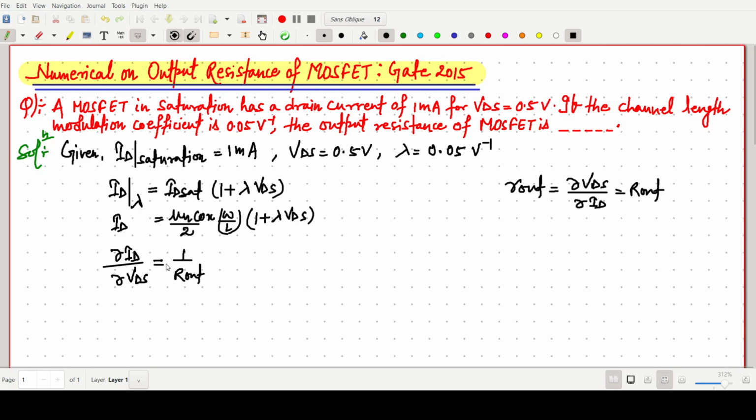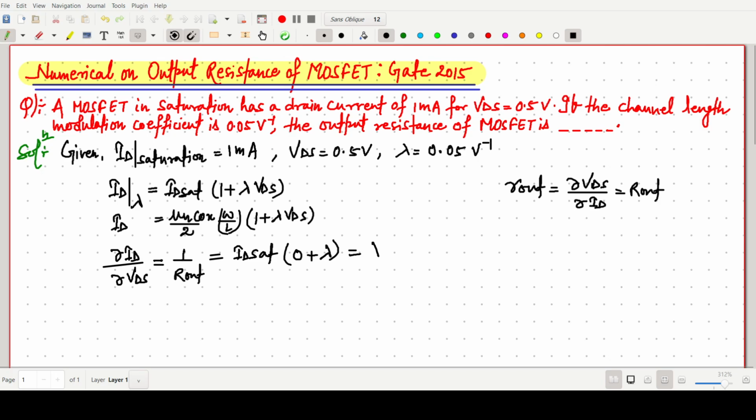ID sat is already given, so I am writing ID sat times the derivative of (1 plus lambda VDS). The differentiation of the constant term 1 with respect to VDS is 0, and for lambda VDS it is simply lambda.